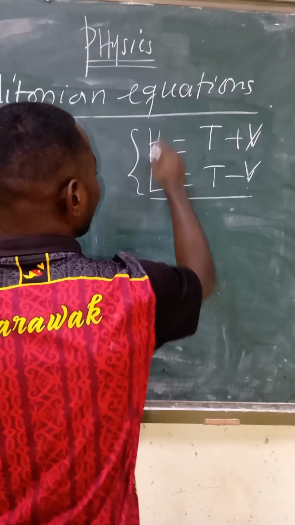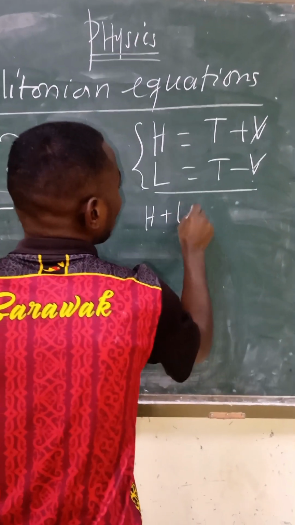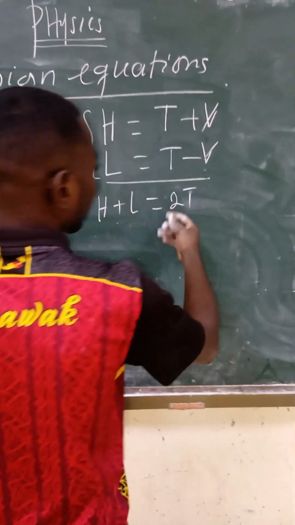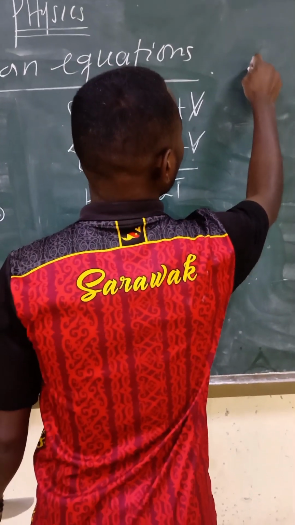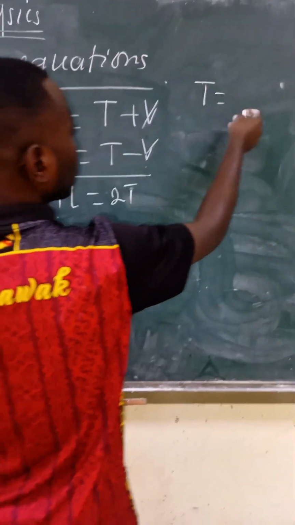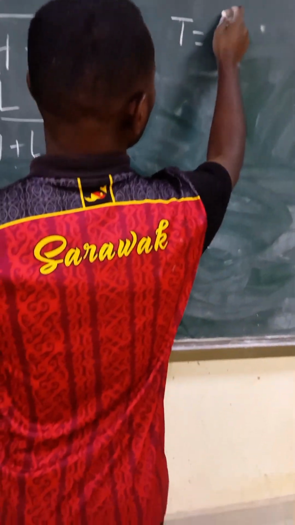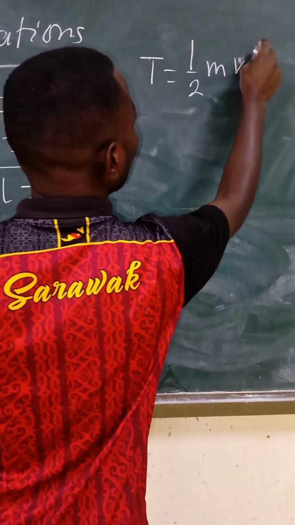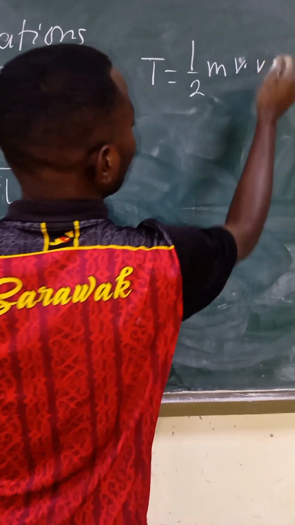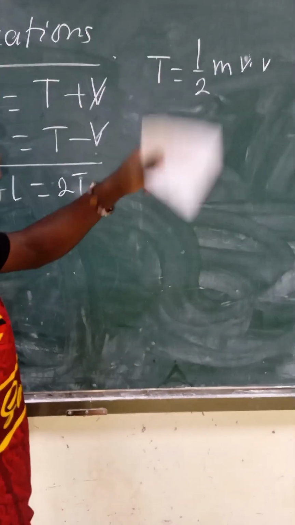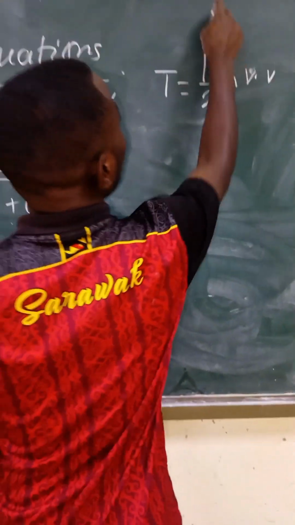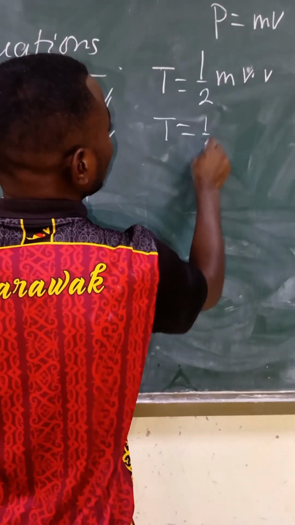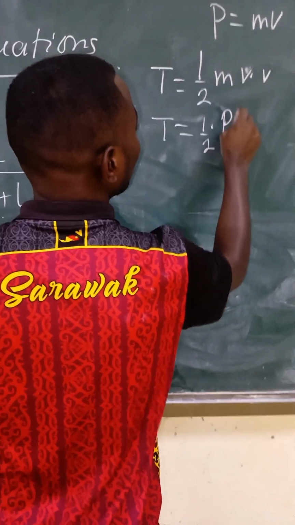You can cancel this. If we take H plus L, it is equal to 2T, and then you can see we know that kinetic energy T is equal to 1 over 2 m v dot v, which is equal to 1 over 2 m v squared, and you know that momentum is equal to m v, so T is equal to 1 over 2 times p times v.